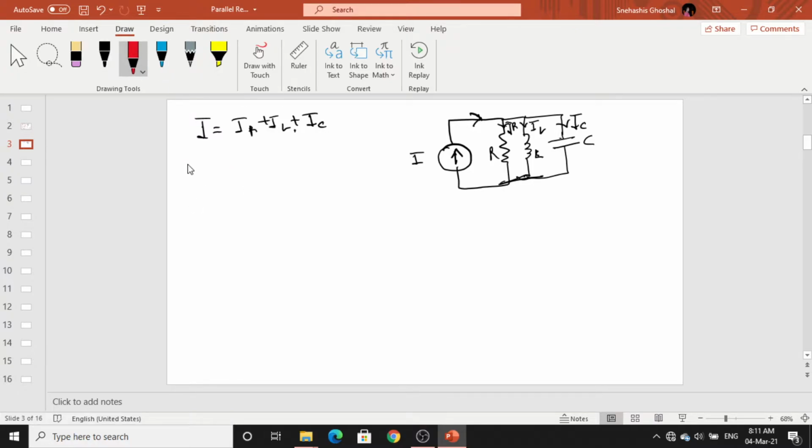What is IC? Okay, first let me tell you what is IR. That will be V by R. What is V? Voltage across the parallel combination, that is V. V by R. Okay. What is IL? IL is V by XL, or in other words V by j omega L, or in other words minus j V by omega L. What is IC?